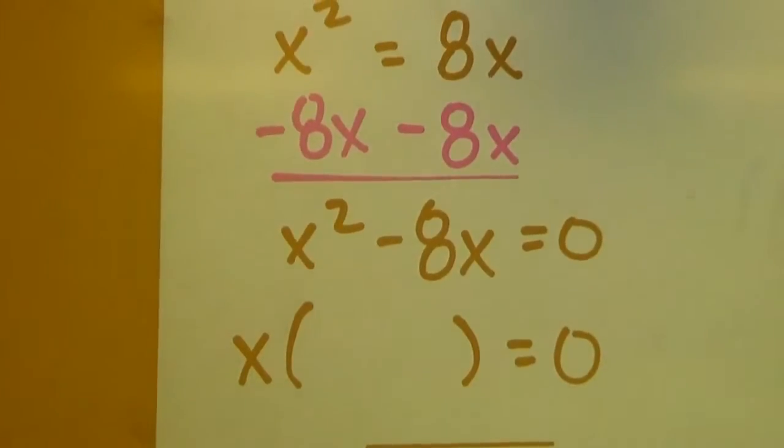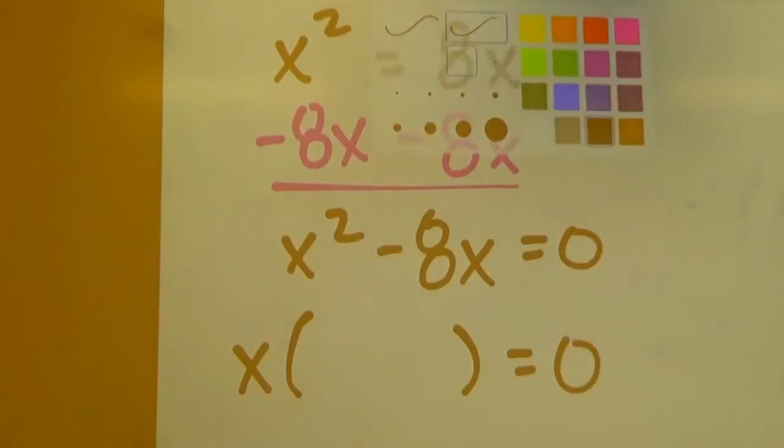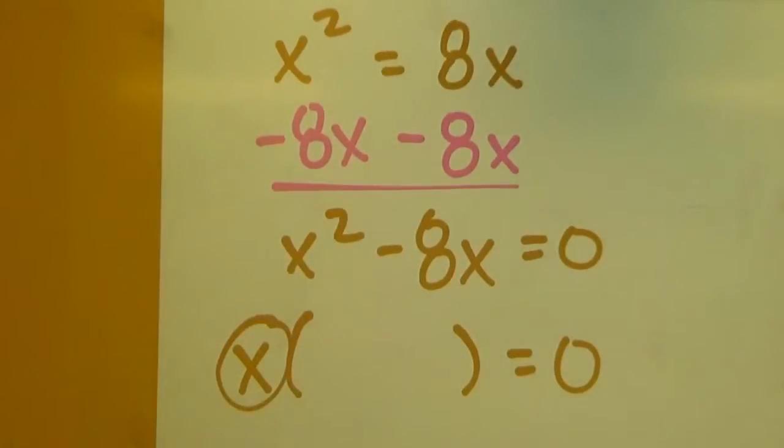Now, I kind of want to think backwards. x times what gives me x squared? x. So I'm going to put x right here. Then I'm going to bring down this minus sign. And x times what gives me 8x? 8.